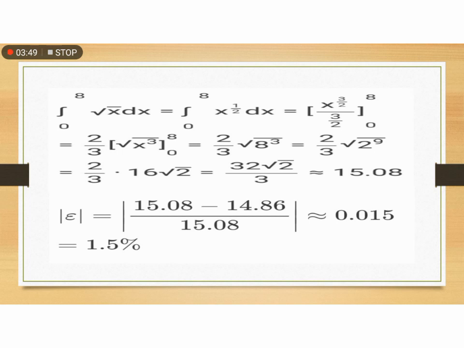So that equals 2/3 times 16 square root of 2, which equals 32 square root of 2 divided by 3.